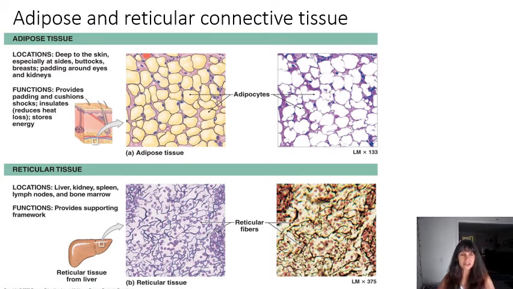Reticular connective tissue is the type of connective tissue that makes up soft organs that don't have a muscular wall. So the liver, the kidney, spleen, lymph nodes, bone marrow, these are all comprised of reticular connective tissue, where we have these delicate protein fibers called reticular fibers that make up a little network of fibers throughout the tissue.